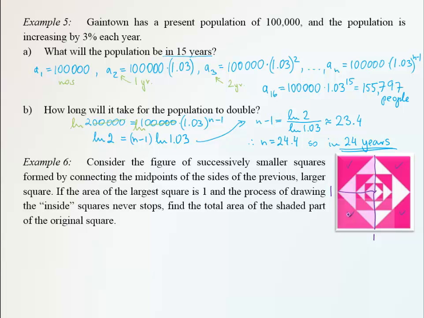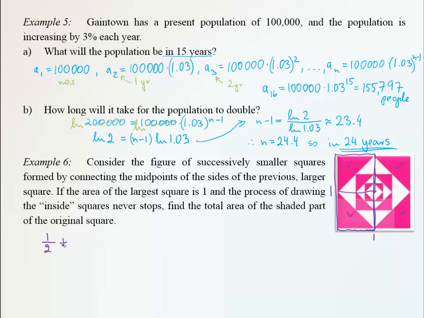Therefore, the 4 triangles could be seen as this, this, this, and that, which will form exactly half of this largest square. Therefore, the area of 4 of those triangles on the first step is equal to 1/2.